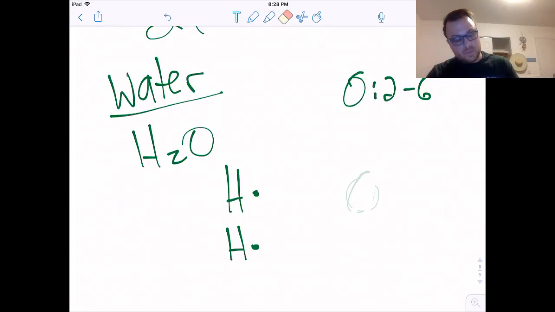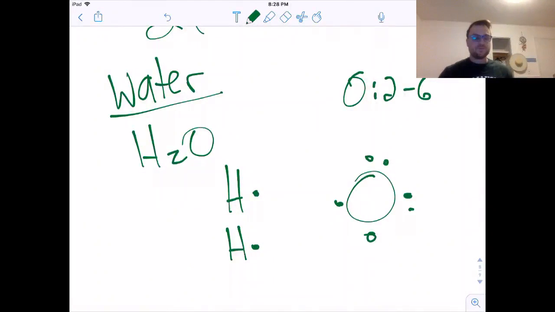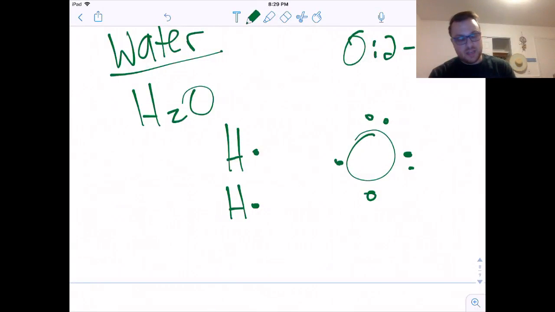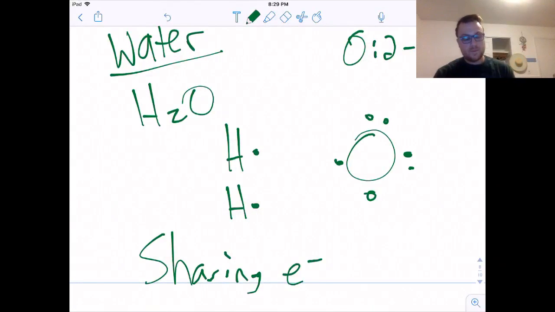Every atom wants to have 8 valence electrons. Covalent compounds get there by sharing electrons. So, when we look at hydrogen, hydrogen has one electron to share. Oxygen also has 2 electrons to share, 1 for each hydrogen.